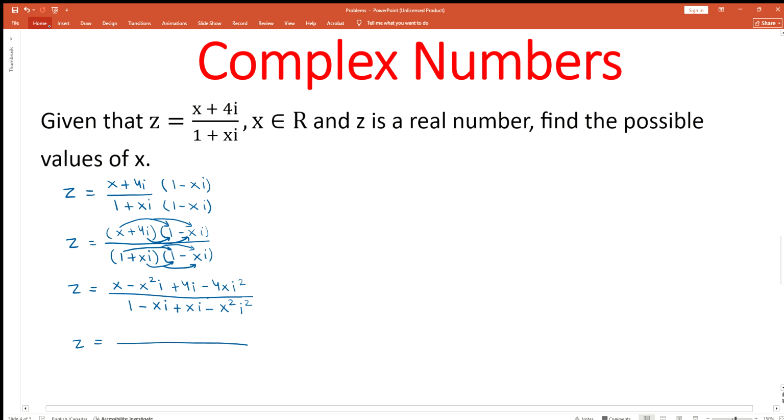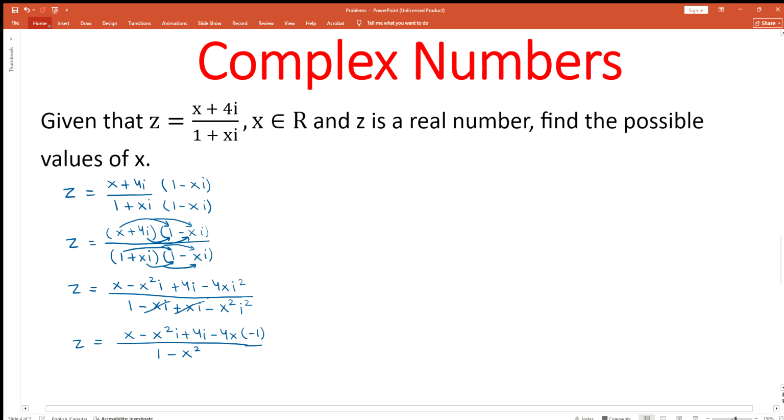In the numerator, we can replace i squared with negative 1, because i squared is equal to negative 1. In the denominator, we can combine like terms. Negative xi and positive xi cancel each other out.